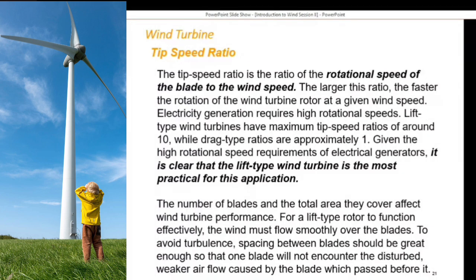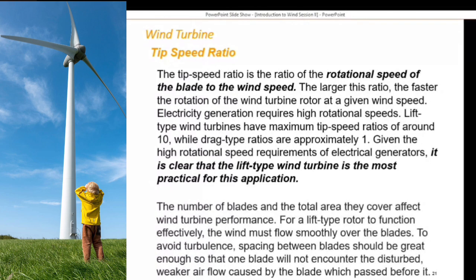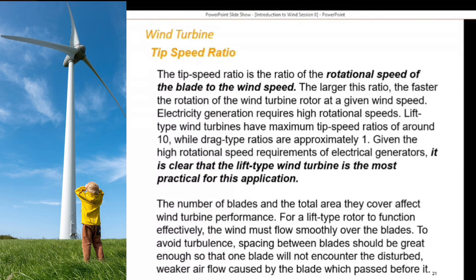Remember, previously, there is wind which will make a wind turbine go upward; another just moves horizontally at the same speed as the wind. Now, the number of blades and the total area they cover affect wind turbine performance. The wind must flow smoothly over the blade. To avoid turbulence, the spacing between blades should be great enough.